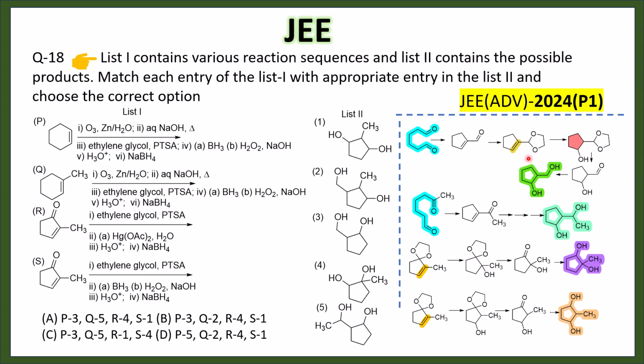The less hindered side, the boron will come and gives that part as an alcohol, and this H3O+ again deprotects the aldehyde to give this aldehyde function, and NaBH4 reduction again gives the alcohol. So the final product for this will be this.